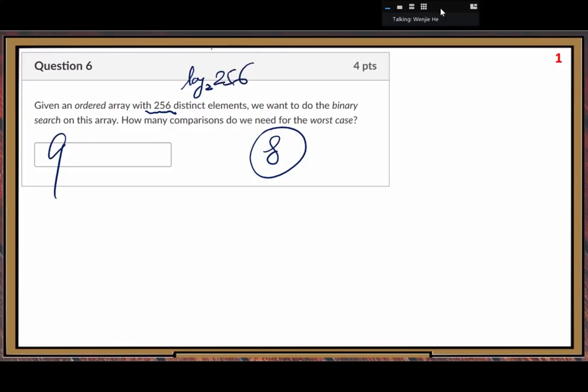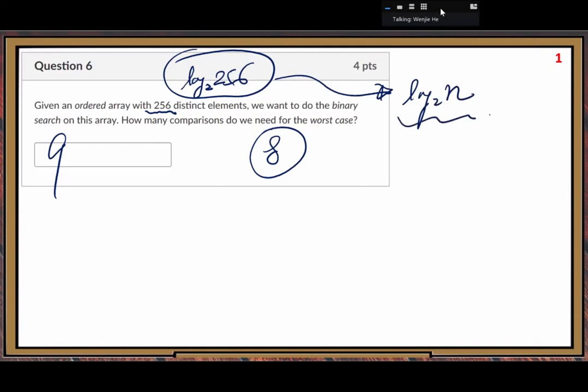So when I talk about the worst case, remember we spent a lot of time in class to derive the exact formula for worst case. So why so many people use this version? Because it comes from log base 2 of n. This is approximation.